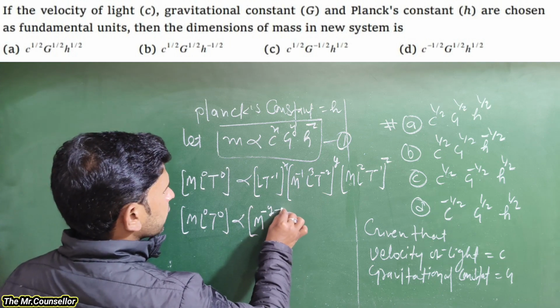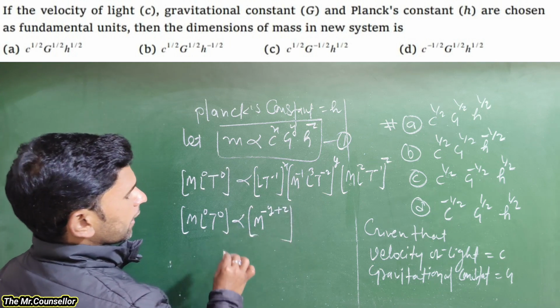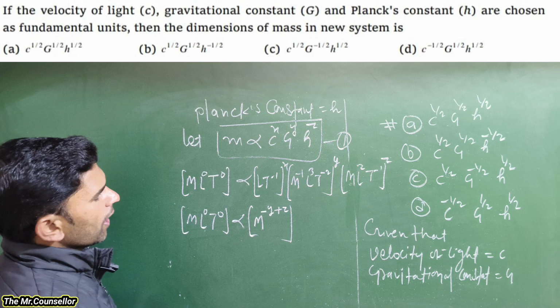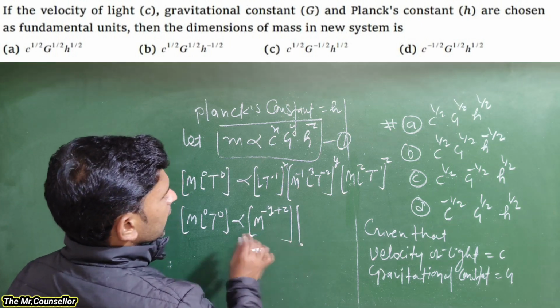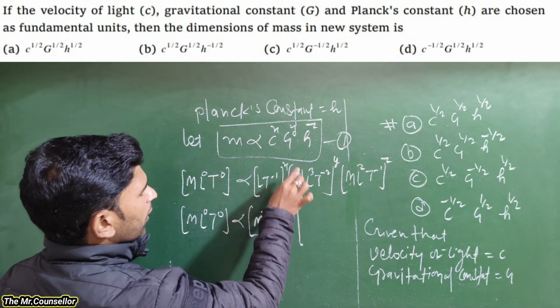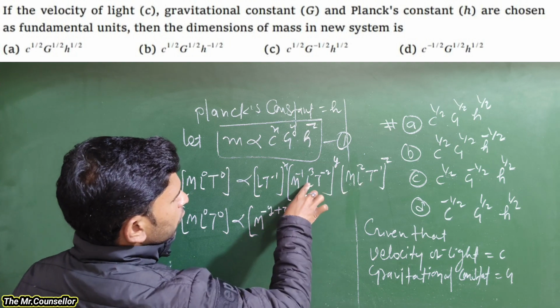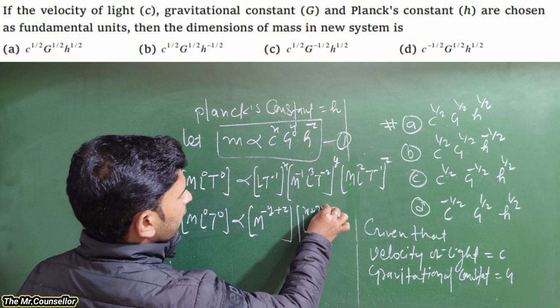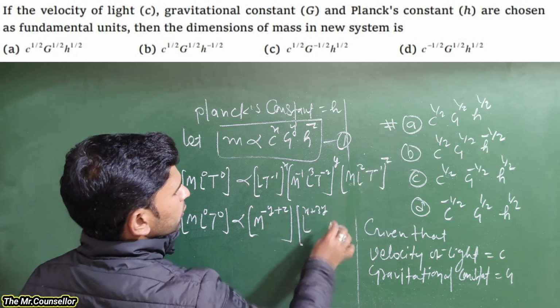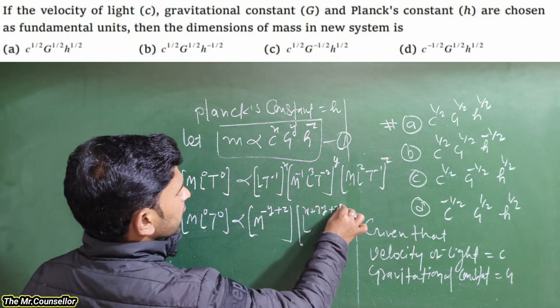So we write M power minus y plus z. After this we write L. L has power x, here L cube gives plus 3y, and here L square gives plus 2z.